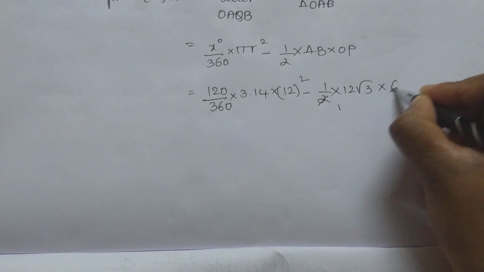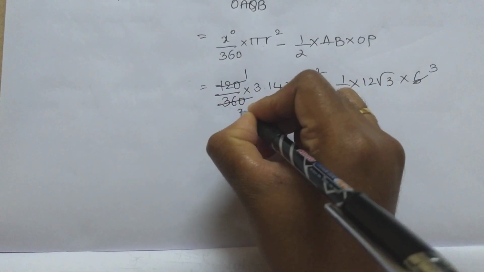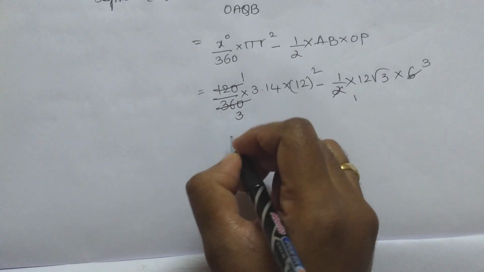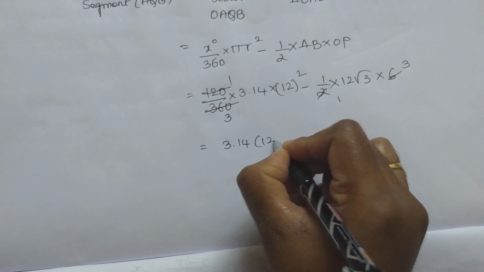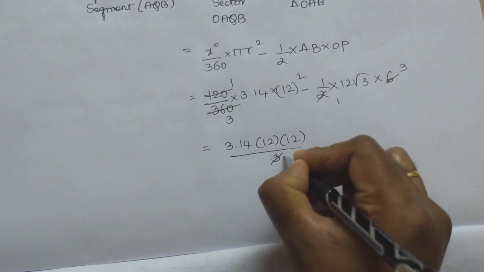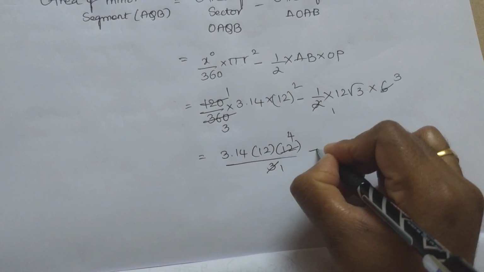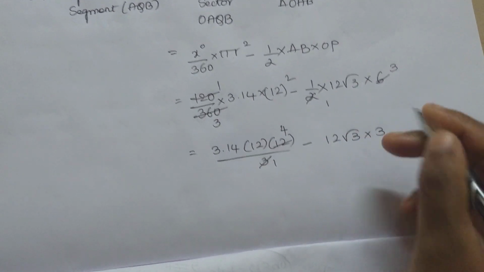So 2 ones are 2, 2 threes are 6. Clear? So 120 ones are 120, 3s are 360. So what does it become? It becomes 3.14 into 12 square by 3, 3 ones are 3, 3 fours are 12. So minus 12 root 3 into 3.